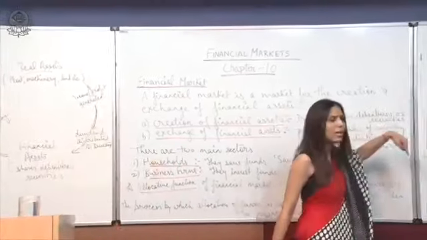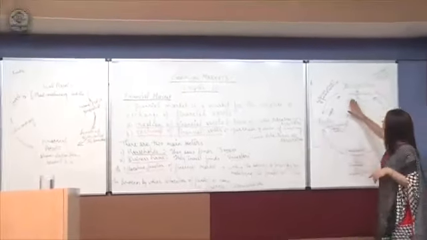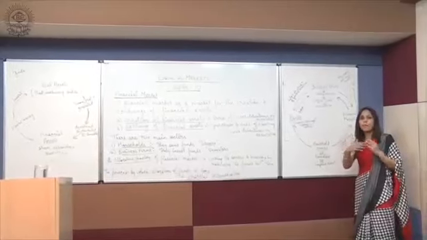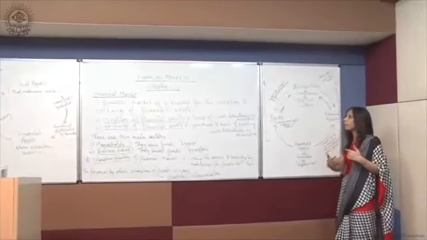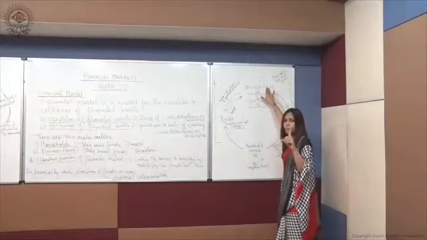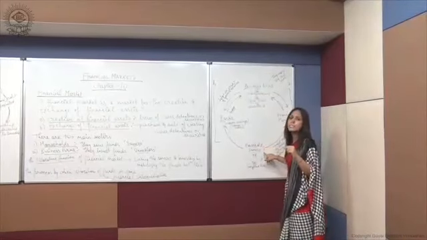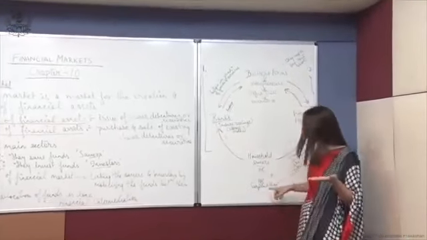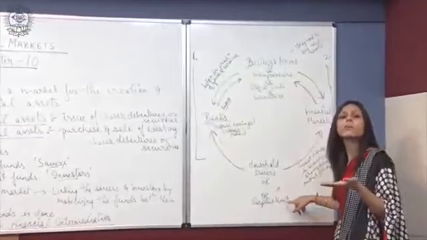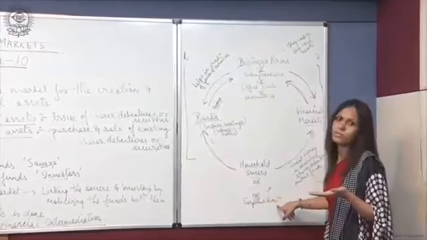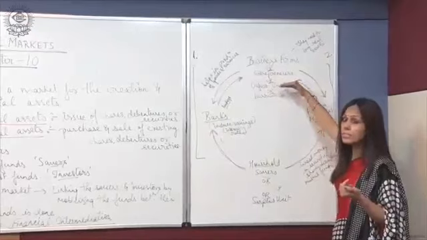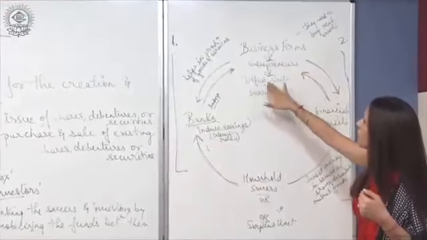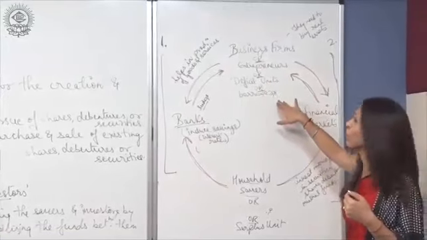Now we'll discuss in detail how these two main sectors in the economy operate. We have household savers, who have surplus funds, which is why they are called surplus units. The second sector is the business firms, entrepreneurs, called deficit units, or the borrowers.